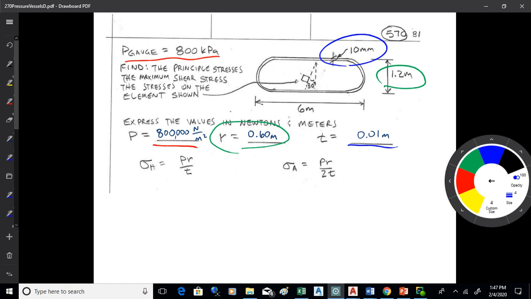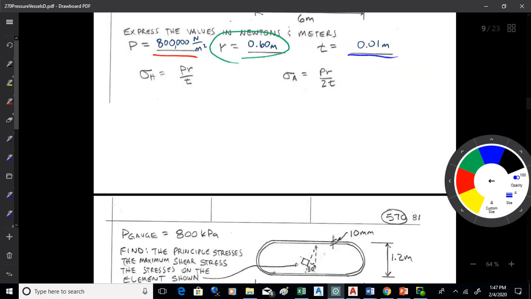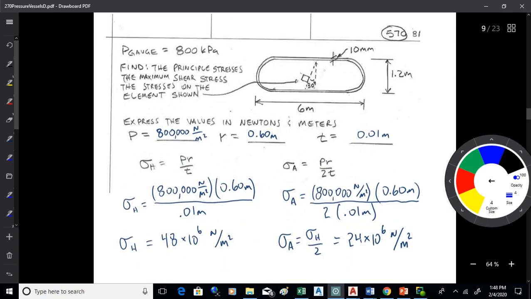And then you just run the two fairly straightforward equations, PR over T and then PR over 2T, and you can find the two stresses, the hoop and the axial. Usually once I got the hoop, I just take half of it and that gets me the axial.